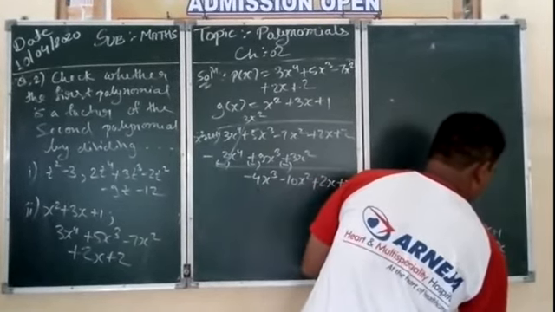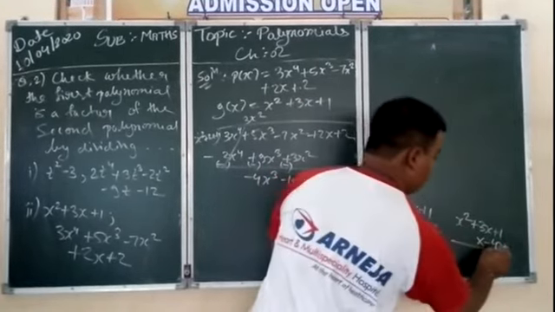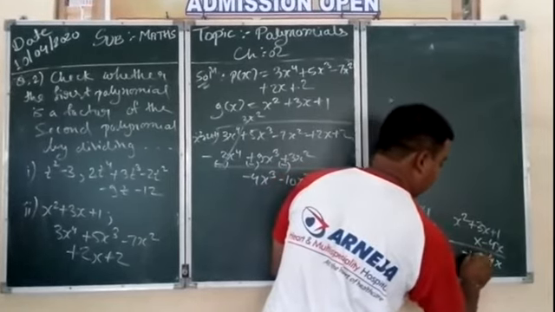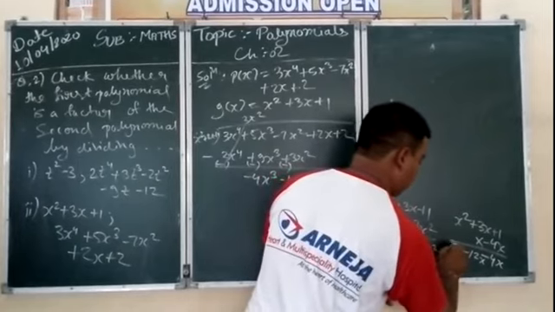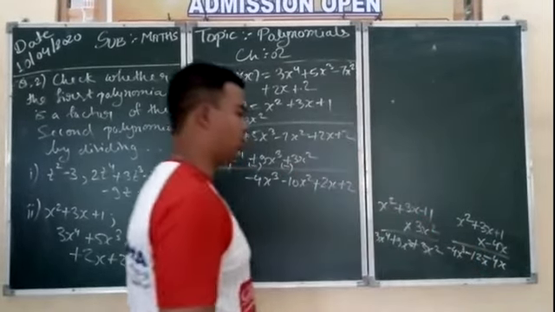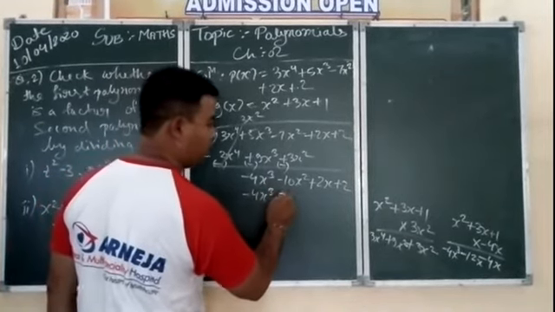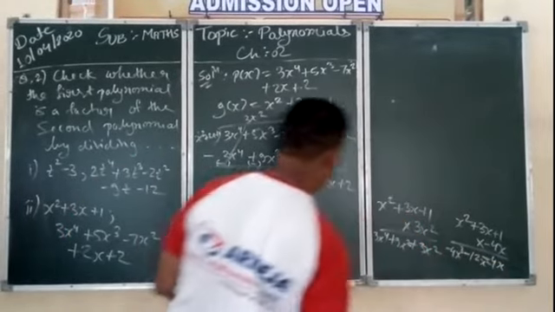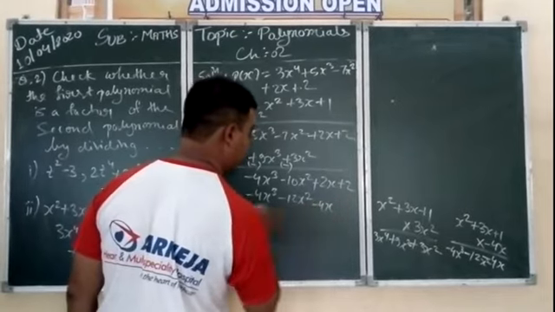So minus 4x into x square is minus 4x cube, minus 4 into 3 is minus 12x square, and minus 4x.